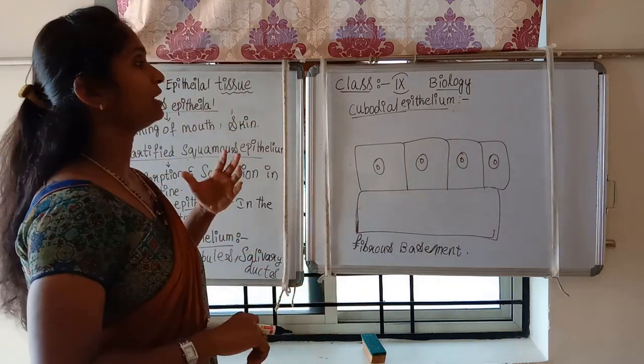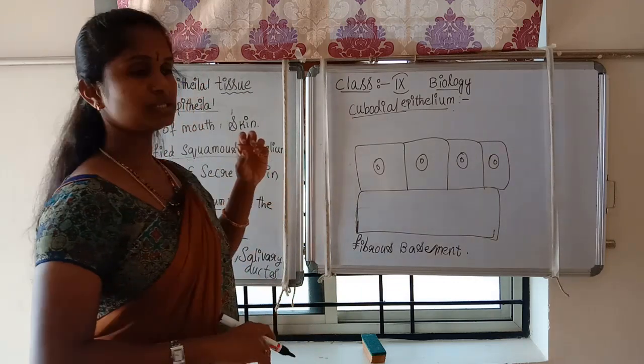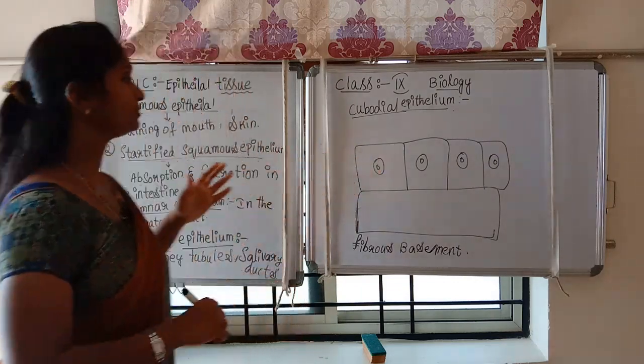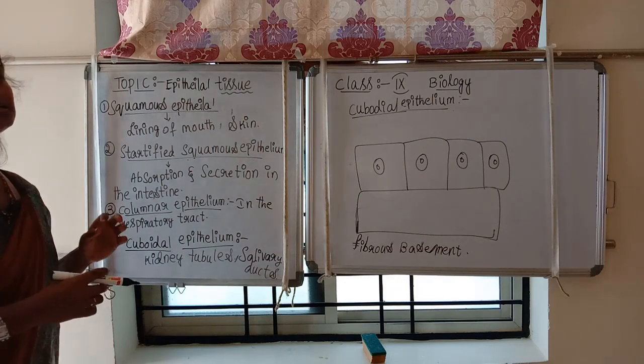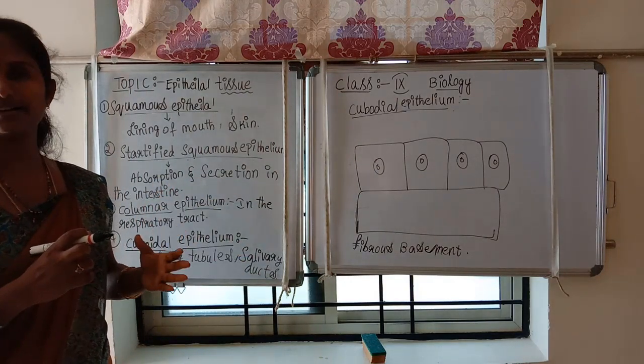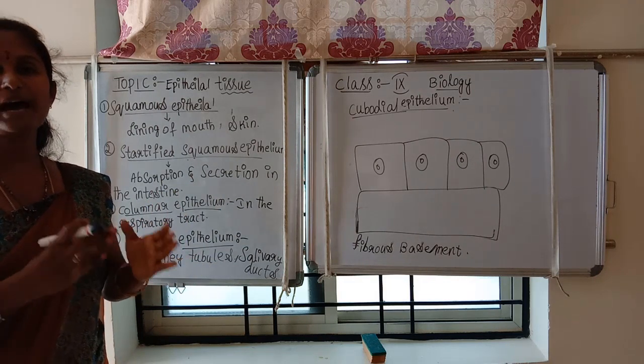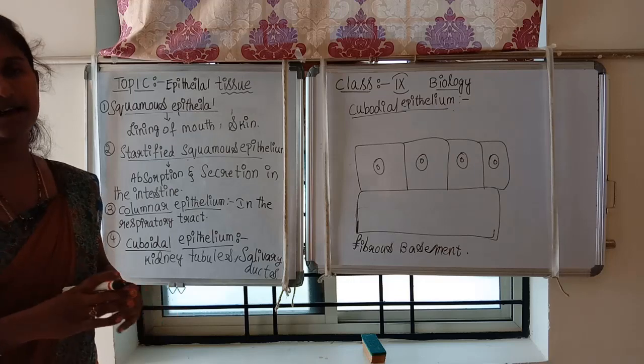These are the epithelium structures we discussed in this class, and once again we will revise them. Epithelial cells are helpful for covering and protecting organs, and they act as a barrier between one organ and another.